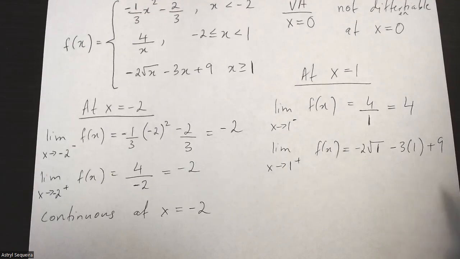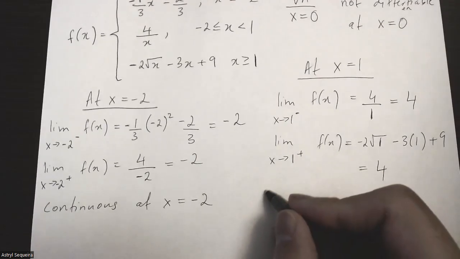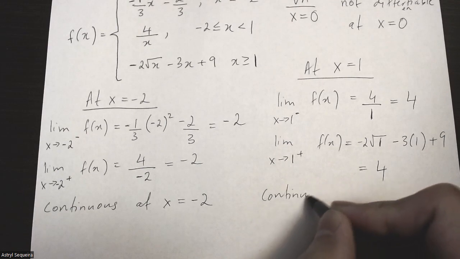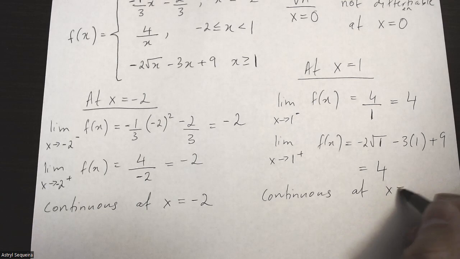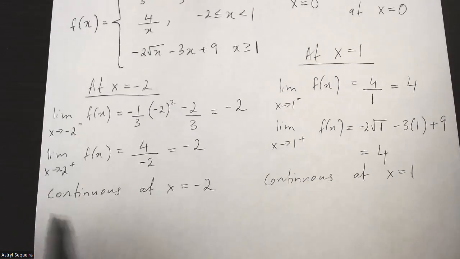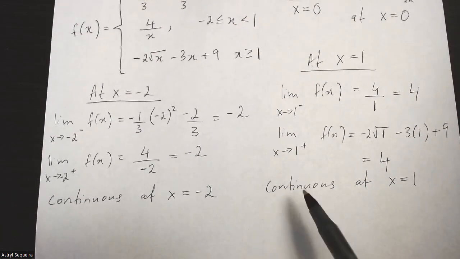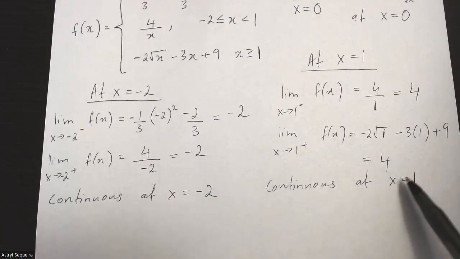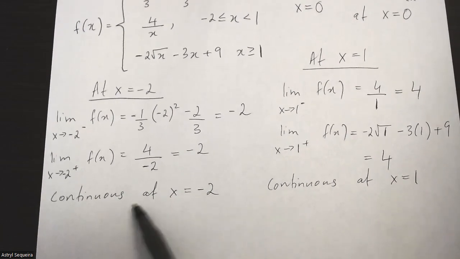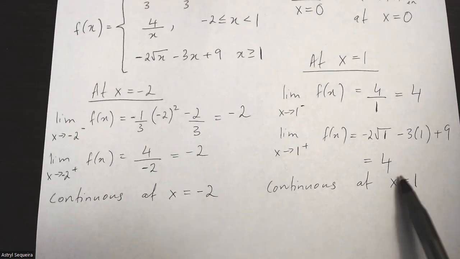That's -2 minus 3 plus 9, which is 4. The function is also continuous at x equals 1. Now, if either of these were discontinuous, we would automatically state that the function is not differentiable at whichever point is discontinuous. But since they're both continuous, now we have to test the slopes at these two points.